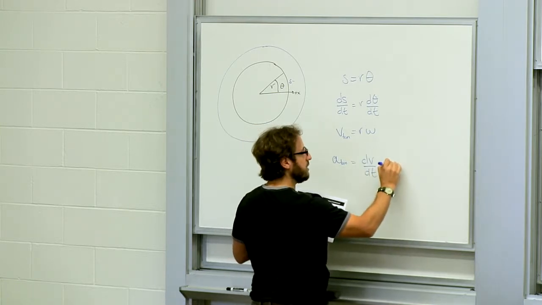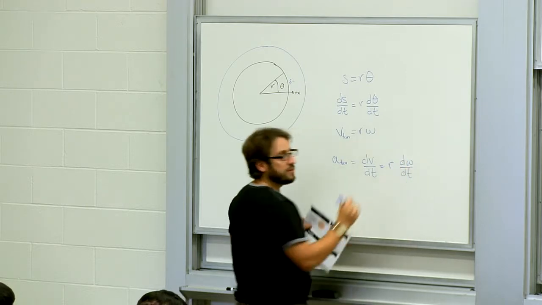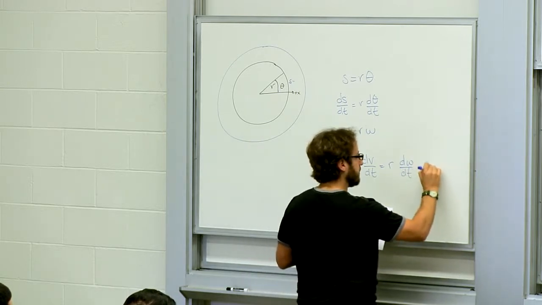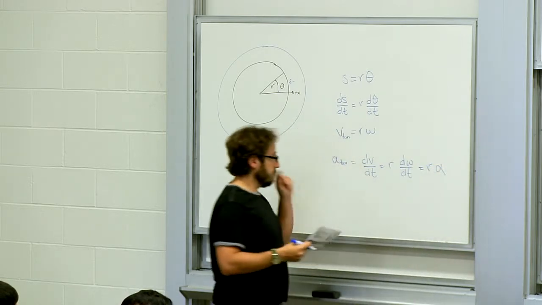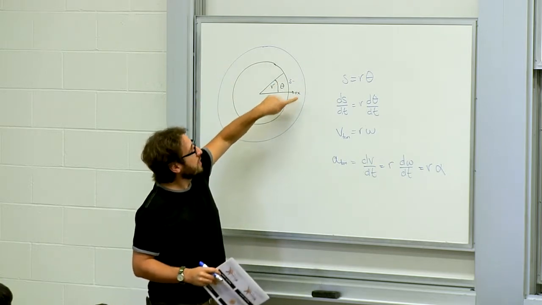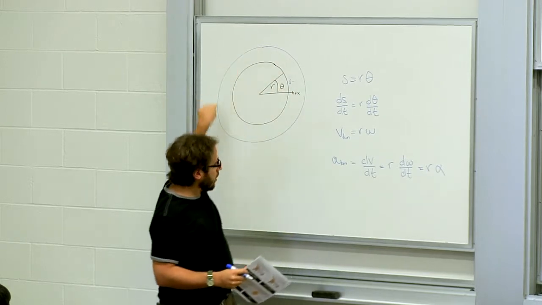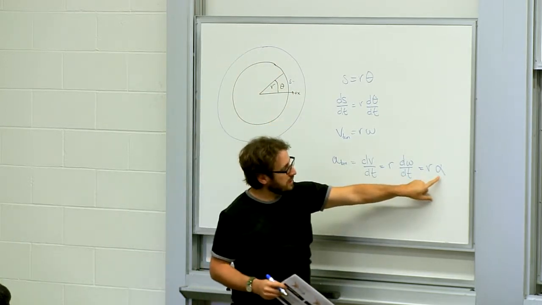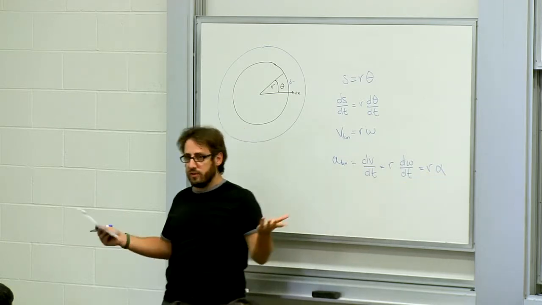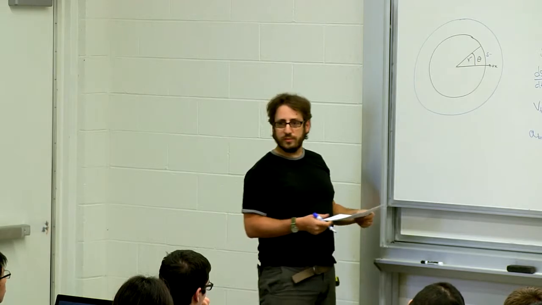Now r doesn't change, so this is just r d omega/dt, and what's d omega/dt? Alpha. So the tangential velocity, that is the velocity of your motion along the circle, is related to the angular velocity by r, and the tangential acceleration is related to the angular acceleration, again, by r, for the same reason. So fortunately, the two universes are simply connected.